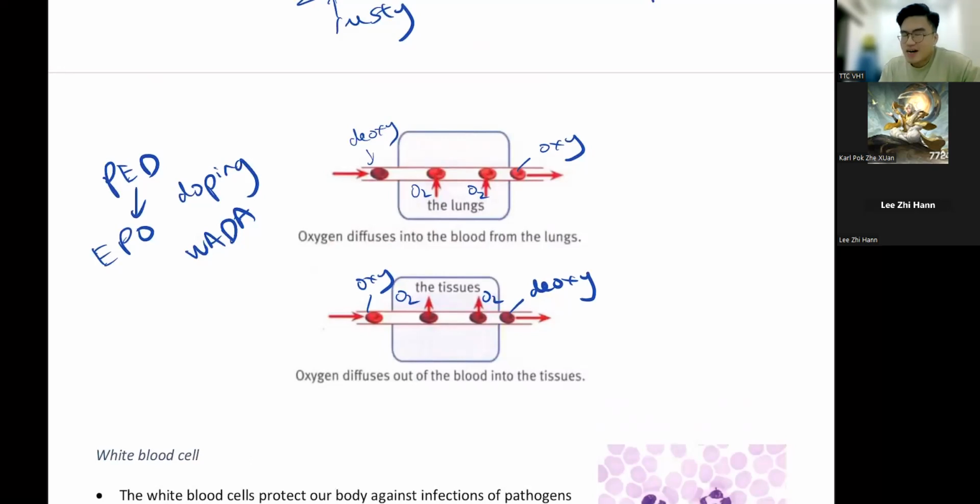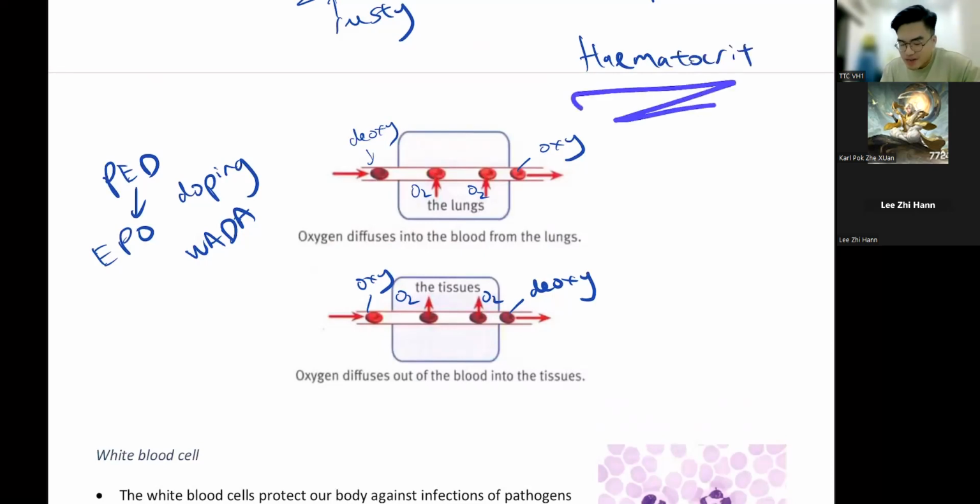Anyway, how do they know if you're using EPO? Very easy. Guys, have you done a blood test before? There is something on the blood test called hematocrit.